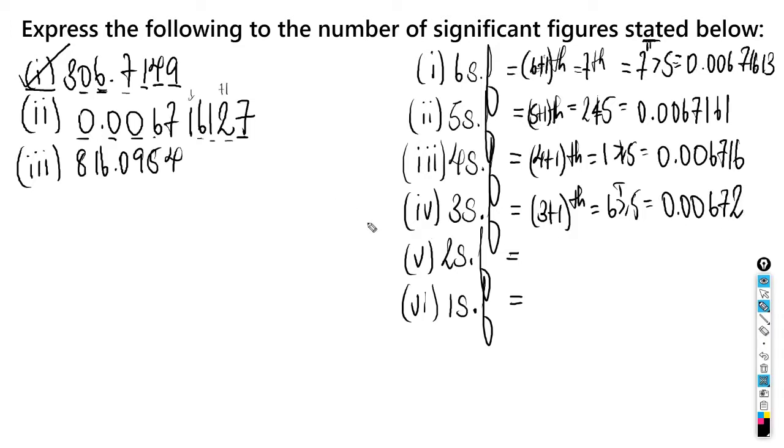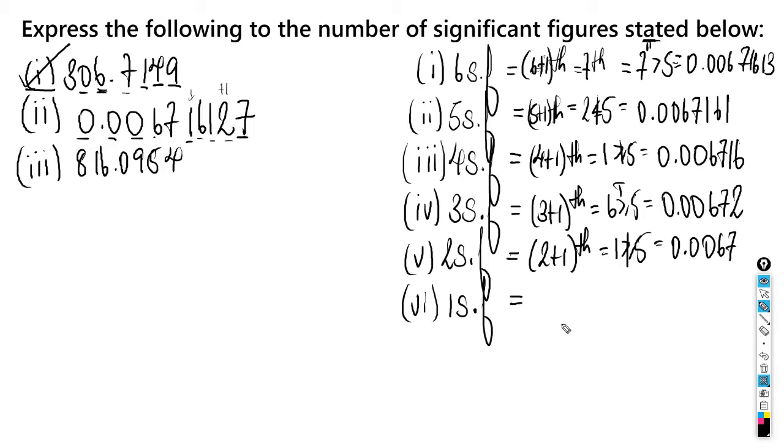All right. Then the next one, we're going to look at the 2 plus 1th significant figure, which in this case is the 1. And 1 is not greater than or equal to 5. So we're going to end up with 0.0067, right? Because we didn't add anything to that 7.